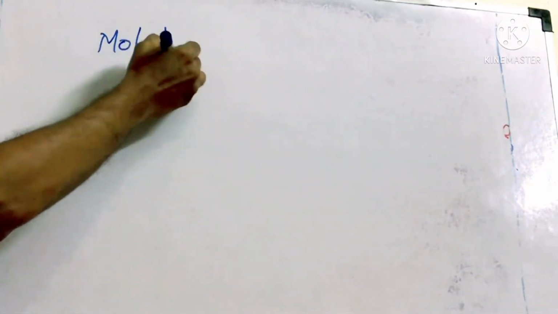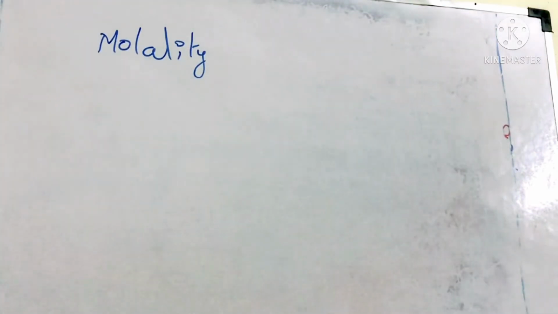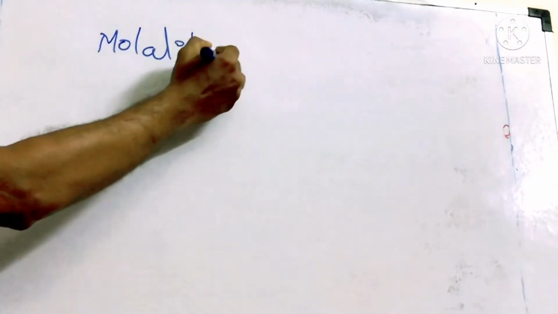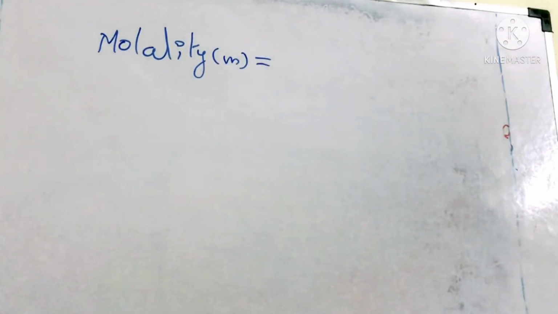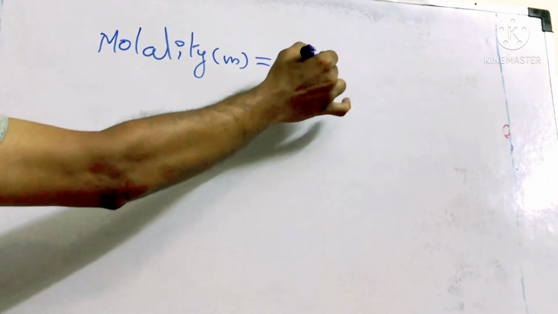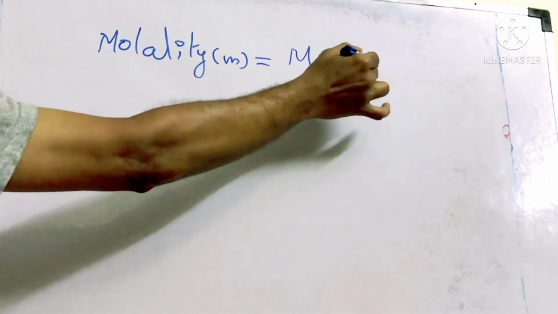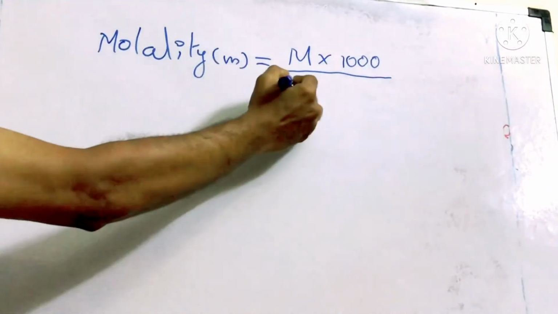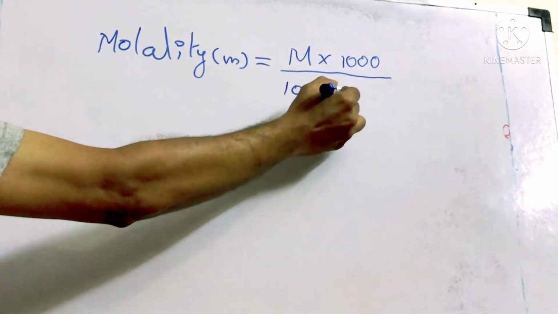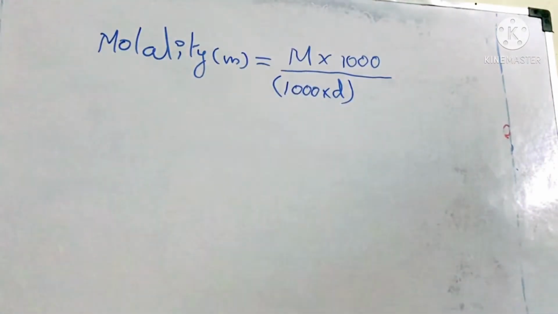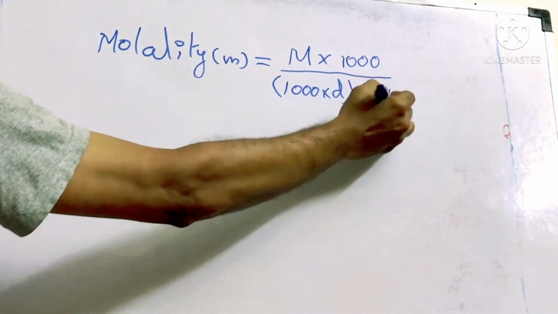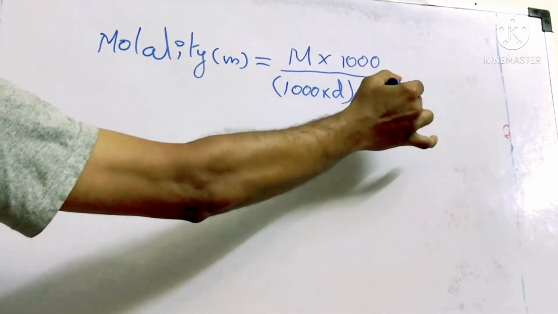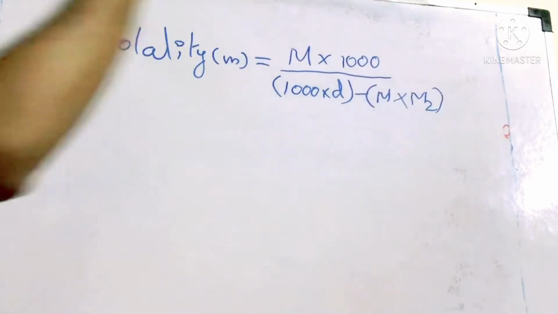So we will write the relation. It is better to remember and follow it. Molality, which we will represent with small m, is equal to molarity, that is capital M, multiplied by 1000, divided by 1000 multiplied by D, the density, minus molarity multiplied by mass of component 2, mostly solute.